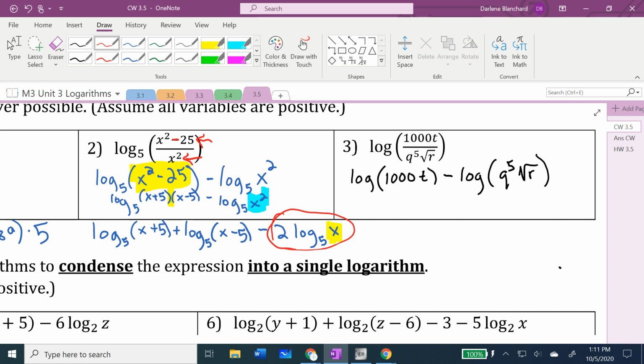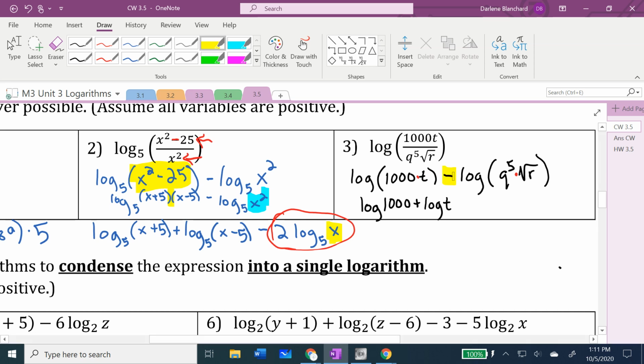Now, there's more. Now that you have all three rules, you're going to get a whole bunch of, but wait, there's more. There is multiplication going on within each of these logarithms. So to continue expanding, I now have log of 1,000 plus log of t.